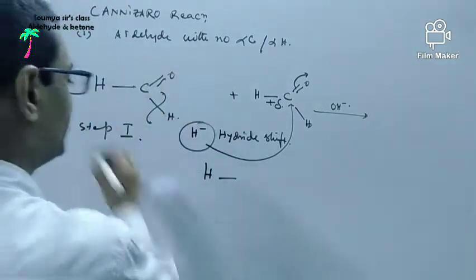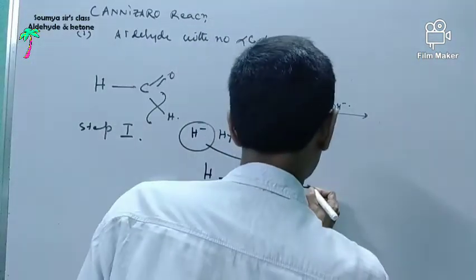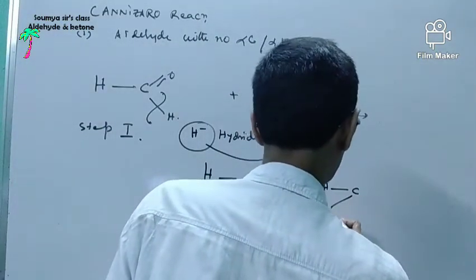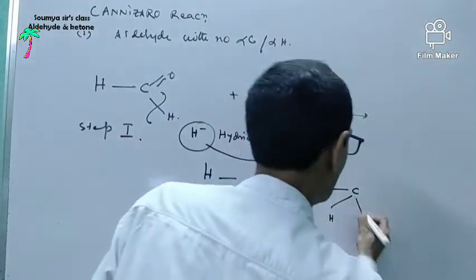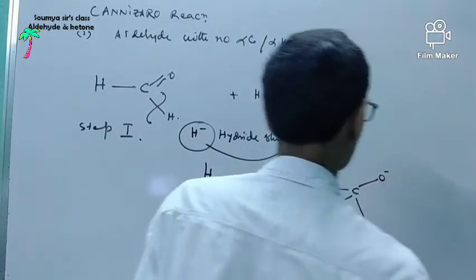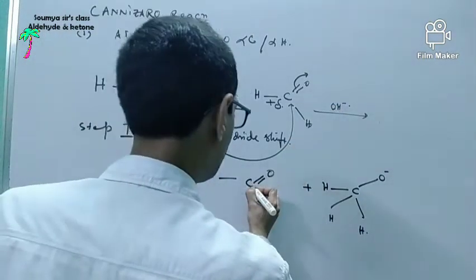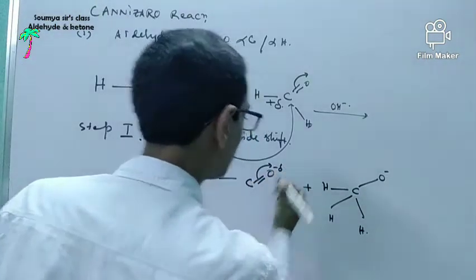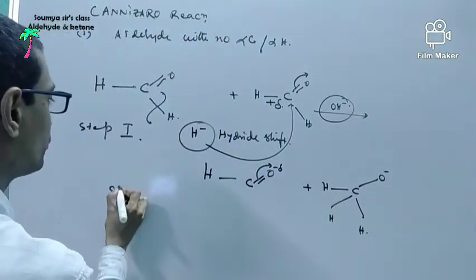The first formaldehyde is with this one, and the second is H with C. Another H comes as hydride, the one H is already there, and single bond O minus. Since this carbon atom also by resonance gives a partial negative charge over oxygen, the medium OH minus, this is step 2 actually.